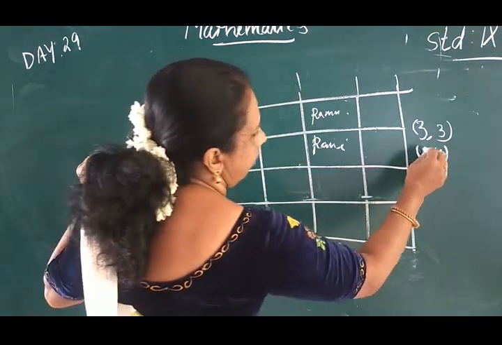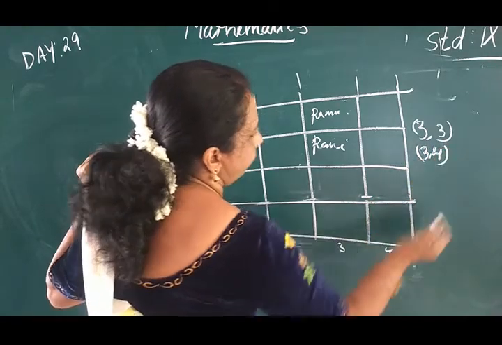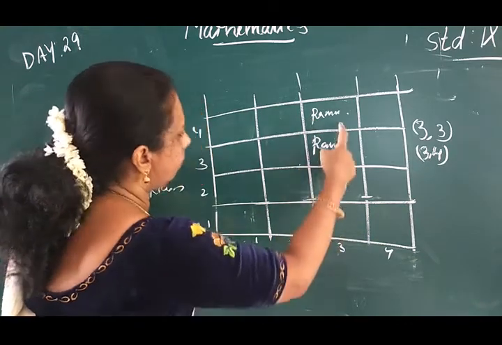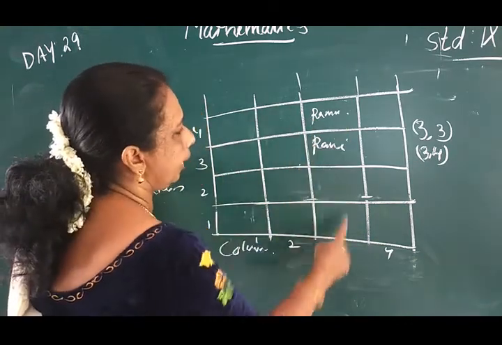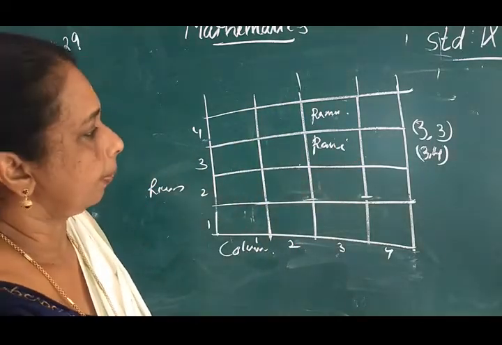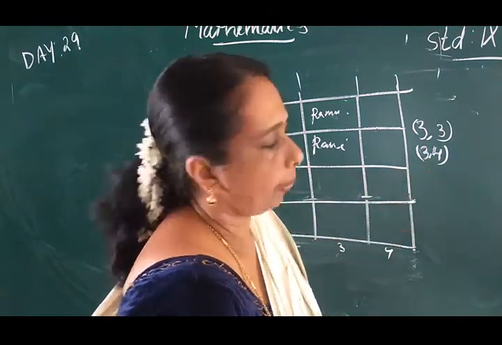This is a column and this is a row. So Ramu is sitting in third column, fourth row. This is the sitting position. But 3, 4 is not equal to 4, 3.